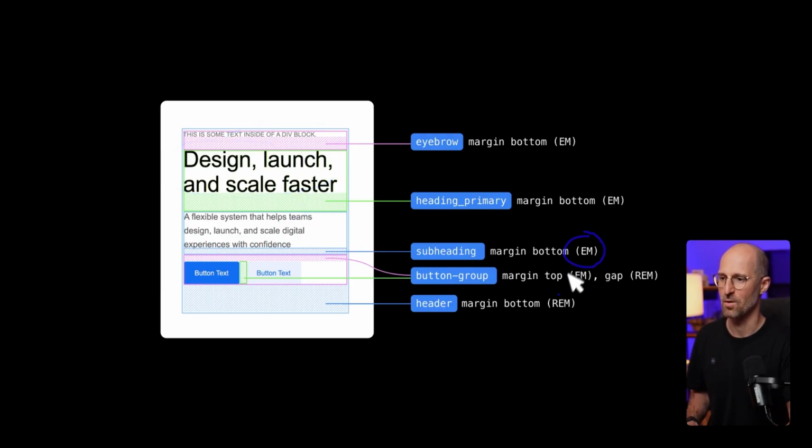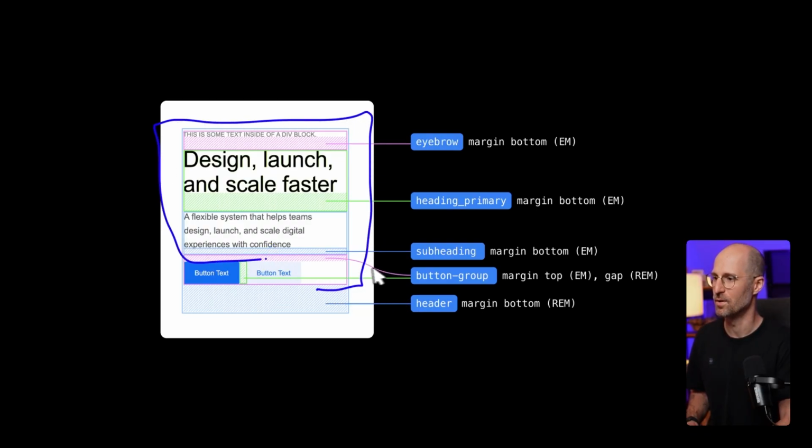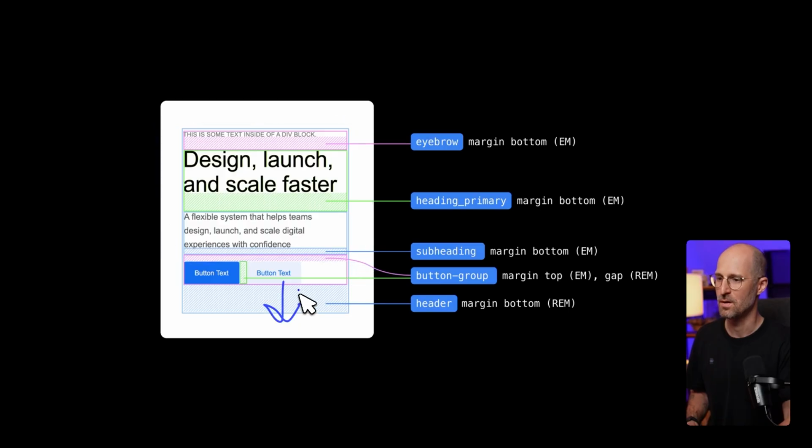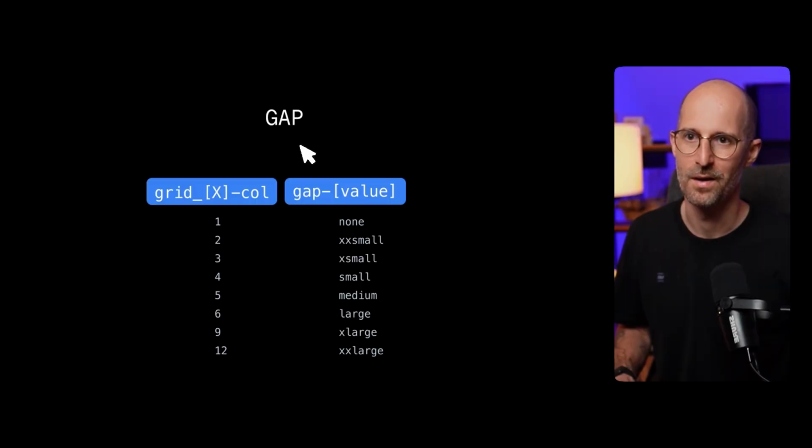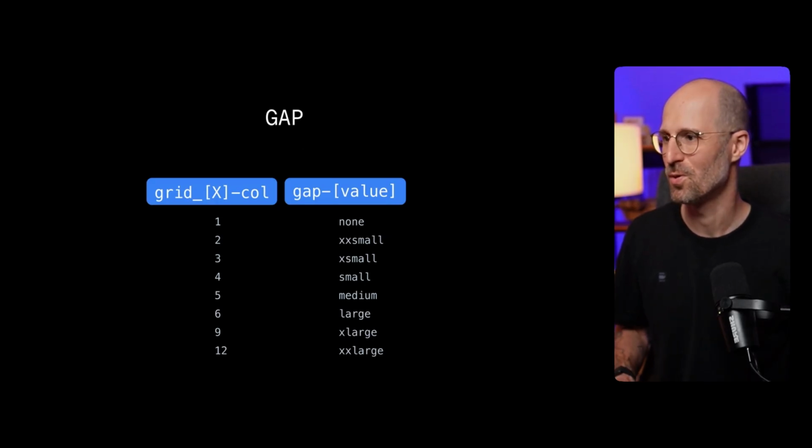Subheading also got its own margin bottom, and the paddings will also get their own spacing between elements and margin top. And the header, this component, it got its own margin bottom. You never need to guess which kind of sizing you need to set between elements because it's always related to the element itself.